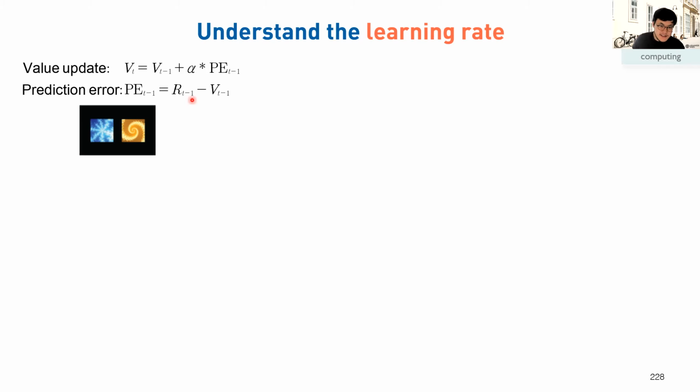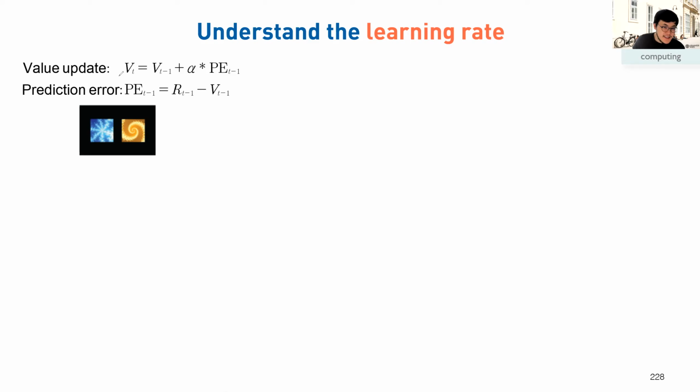There's one thing that we didn't even talk about, the interesting part, which is the learning rate. So what is the learning rate? In the first place, it is the amount of prediction error that is considered to update the value.